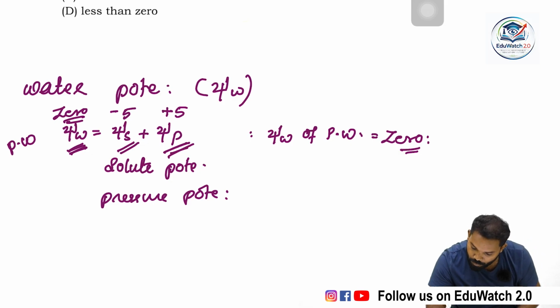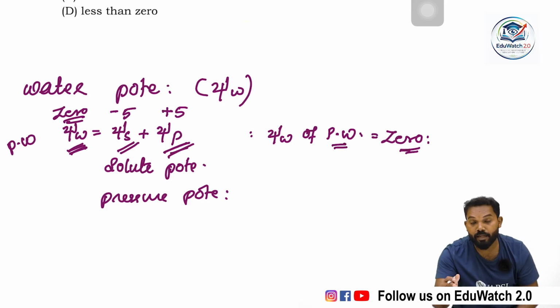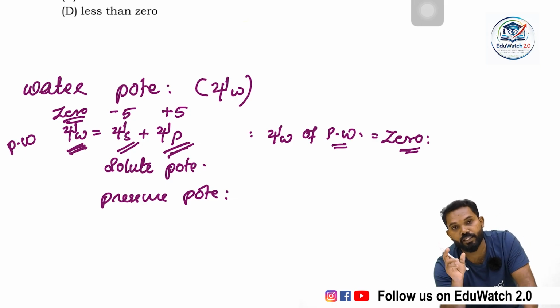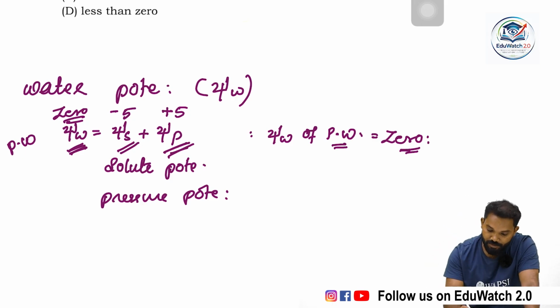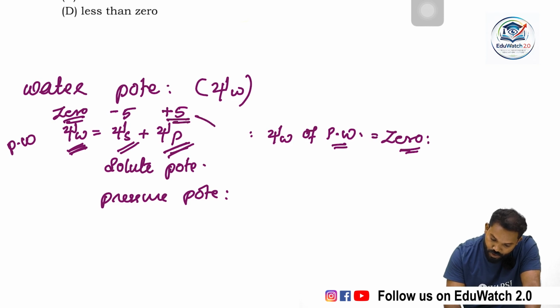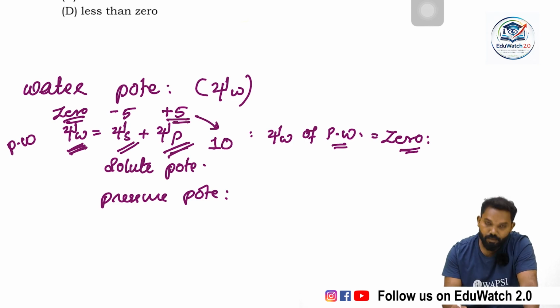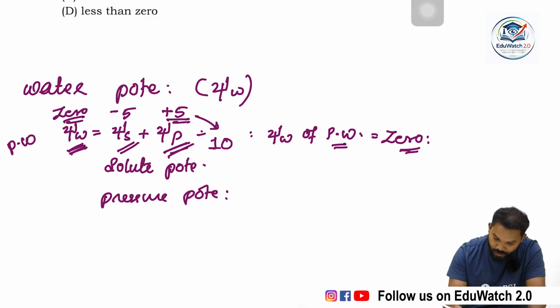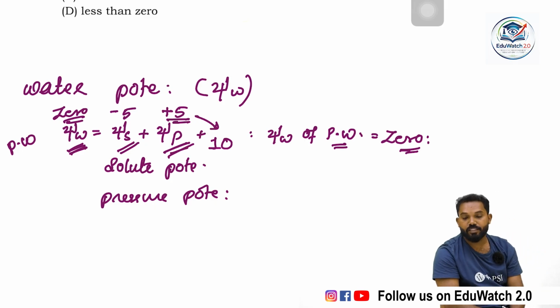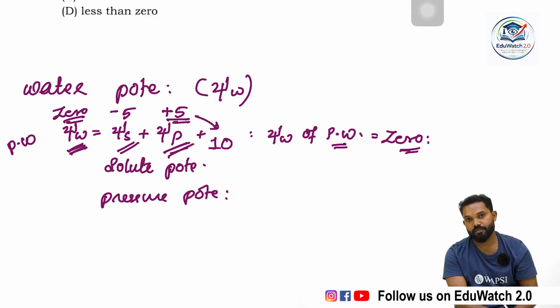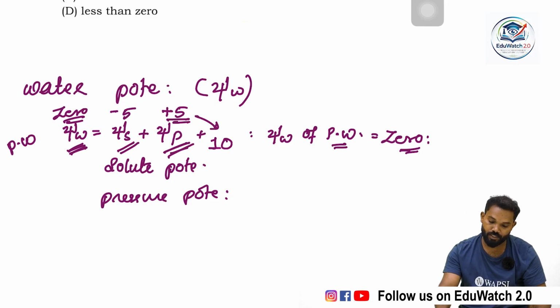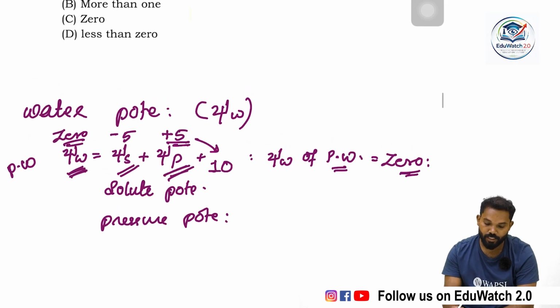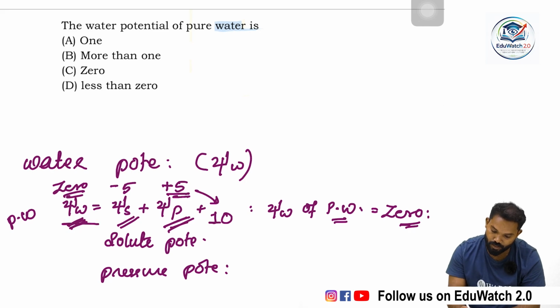Water potential of pure water under normal atmospheric pressure and temperature is 0, but when the pressure is changed, say from 5 to 10, then the water potential is also changed. That means it is a sum total of solute potential and pressure potential.